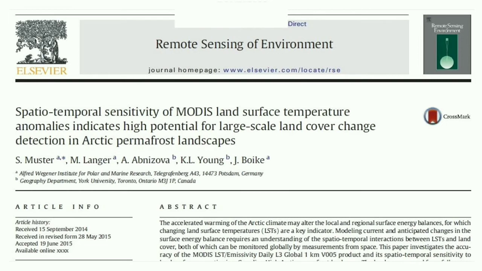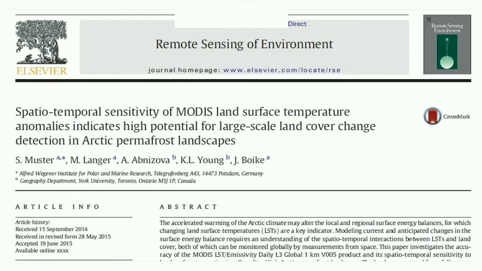Now the next article's journal is Remote Sensing of Environment. The title is Spatiotemporal sensitivity of MODIS land surface temperature anomalies indicates high potential of large-scale land cover change detection in active permafrost landscape. Here also they have used MODIS land surface temperature.